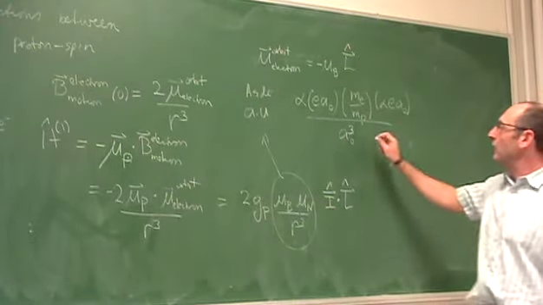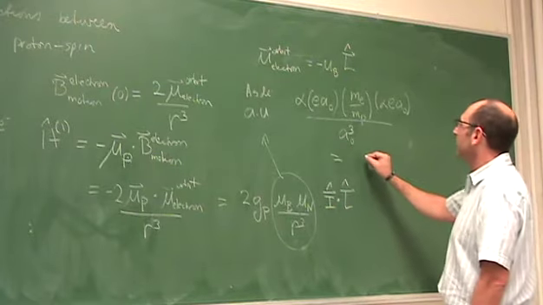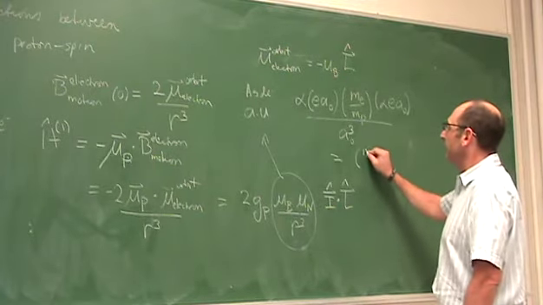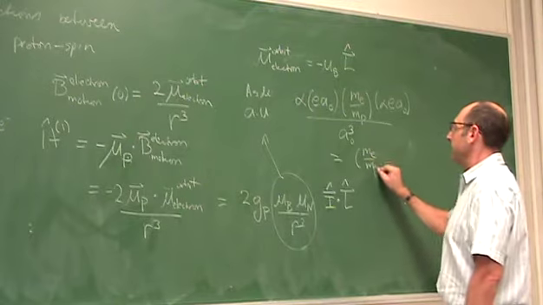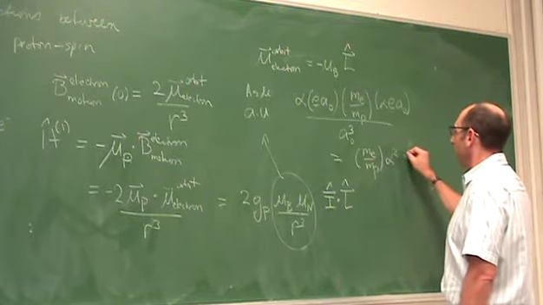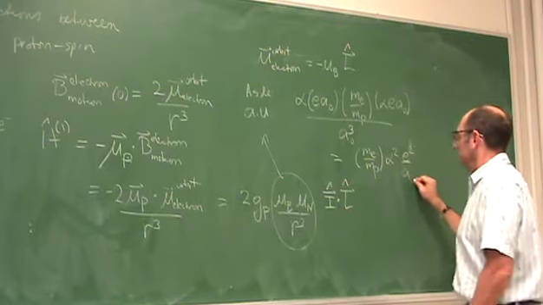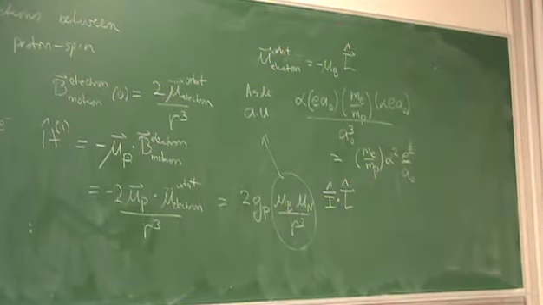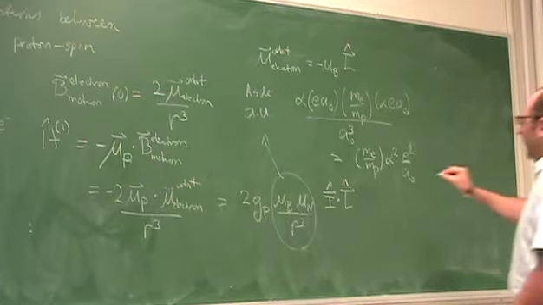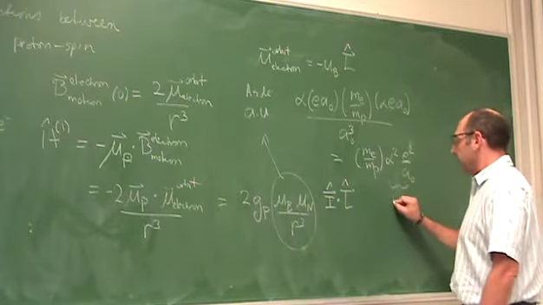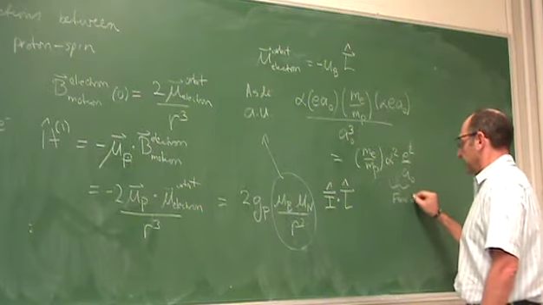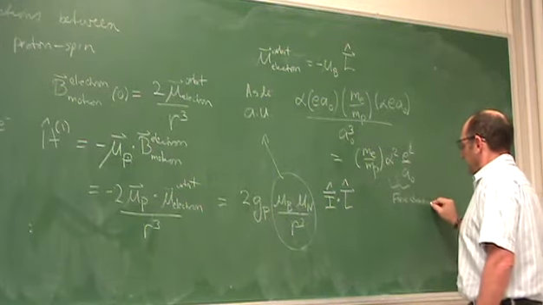So what do we have here? This is alpha, this is the mass of the electron divided by the mass of the proton times alpha squared times the Hartree. So this energy was related to the fine structure splitting.